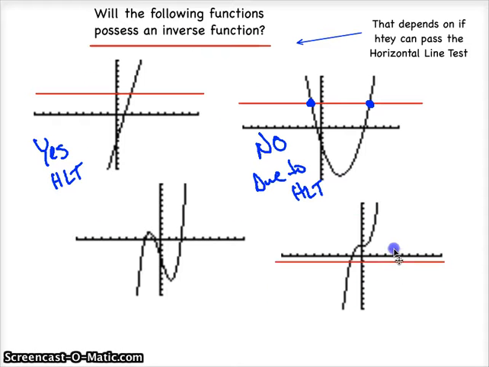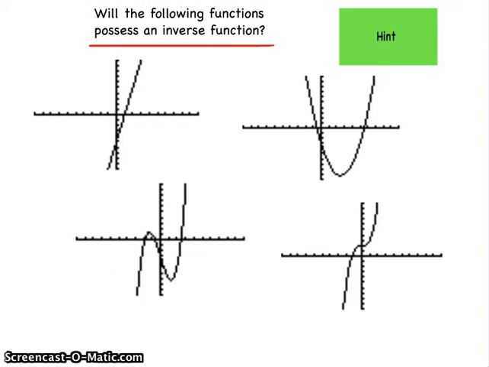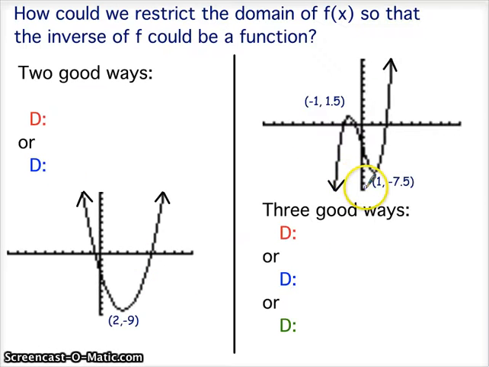This function does pass the horizontal line test because notice the little curve in our cubic function isn't severe enough to have a problem. But in this one, there's a whole lot of spots in here, right where I left the red line, namely, where we not only crossed twice, we crossed 3 times. So again, no.